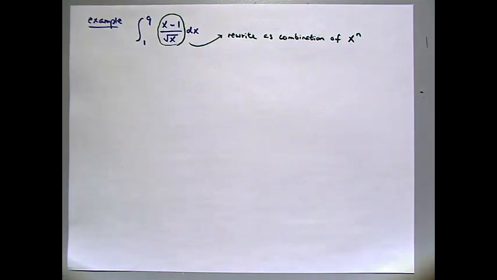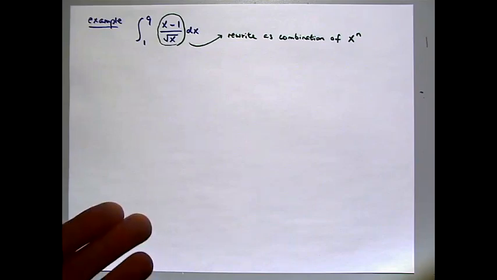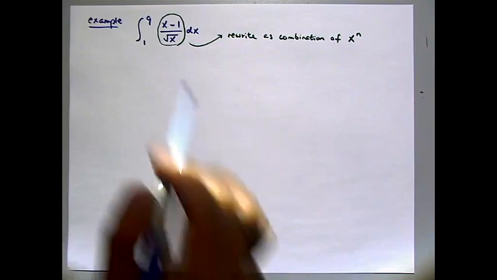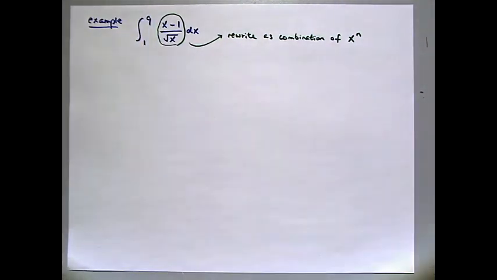First thing we got to do here is we can deal with x to the n and simple elementary functions like sine, cosine, and e. We can deal with those things, but we can't deal with a rational function like that just yet. So let's rewrite this as a combination of x to the n.